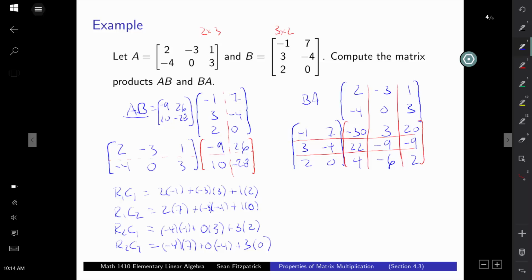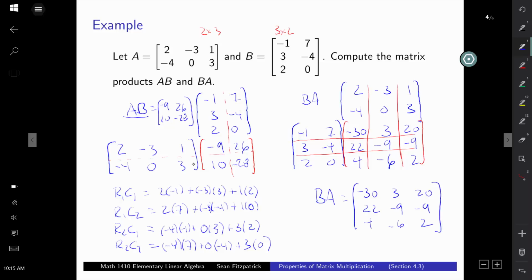I didn't worry about what was in the second row there because those guys are getting multiplied by 0. So that gives me B times A. Right? Minus 30, 3, 20, 22, minus 9, minus 9, 4, minus 6, 2.